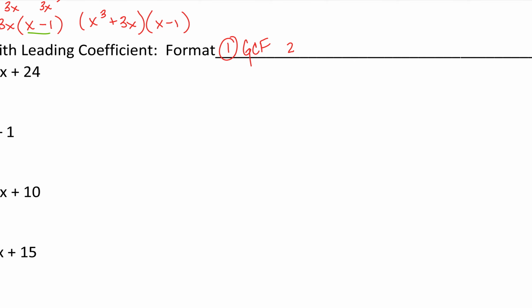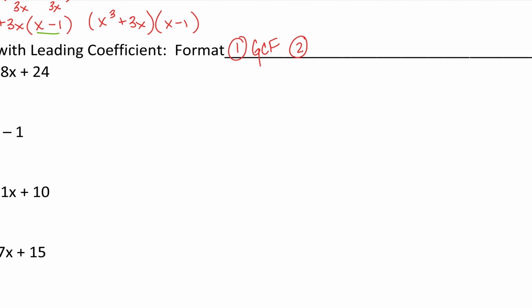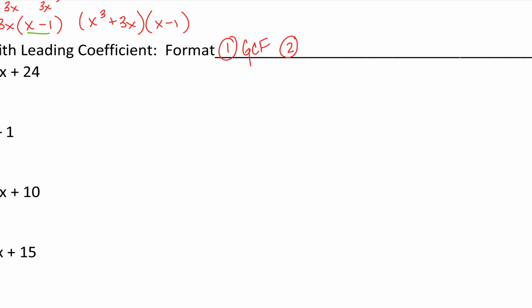Number two, if I'm unable to pull anything out, I know that I'm going to end up doing a method that I love to use. I multiply the first number times the last.